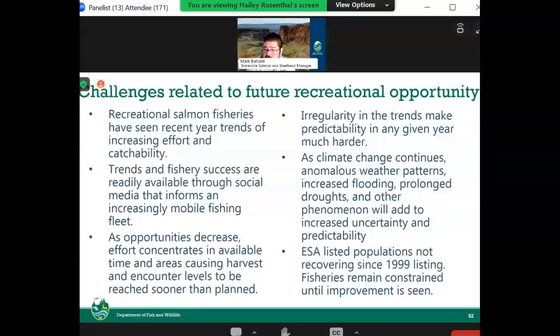Really just talking through some of that, I think we have seen these elevated trends of increasing effort and catchability in a lot of our marine areas. It's also pretty apparent to us that as we've moved forward in time from the 20 teens till now, we have a pretty social media tuned in fishing fleet.